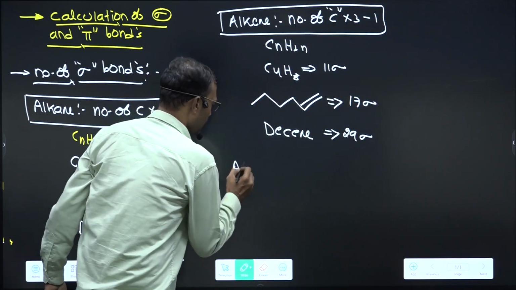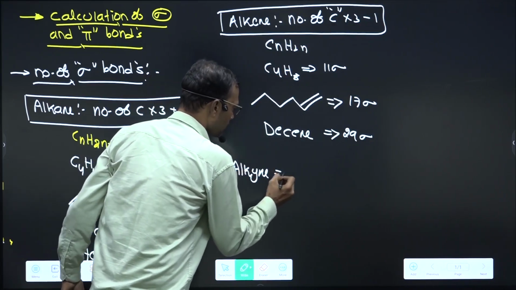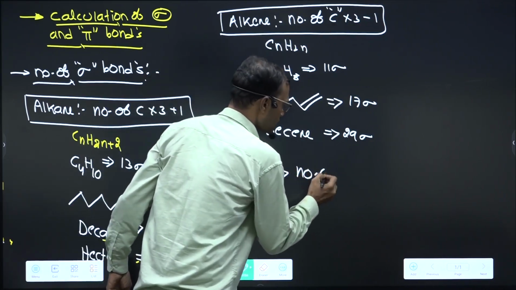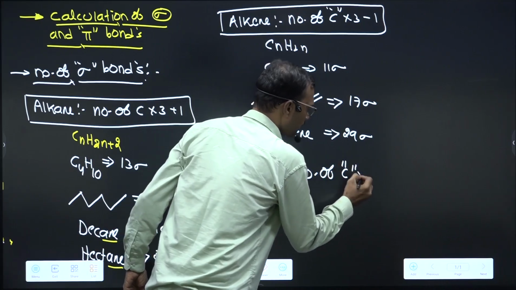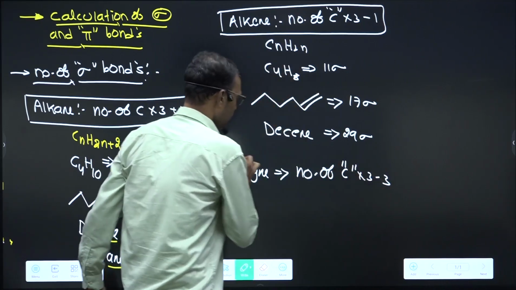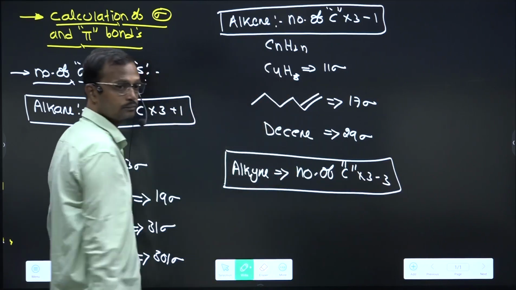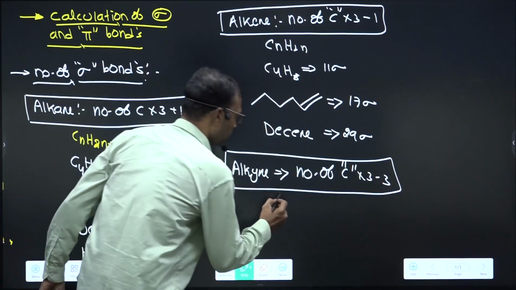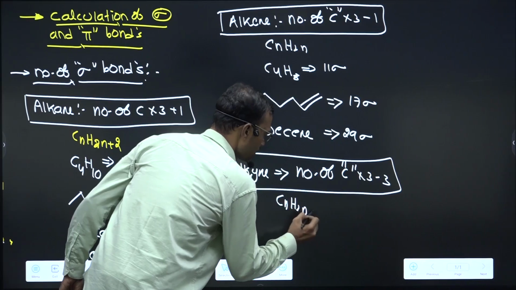So can you apply for alkyne? What is alkyne? Carbon, carbon, triple bond. So for this, see, number of carbons multiply with 3 minus 3. Here minus 3. So what is the alkyne triple bond formula? CnH2n minus 2.